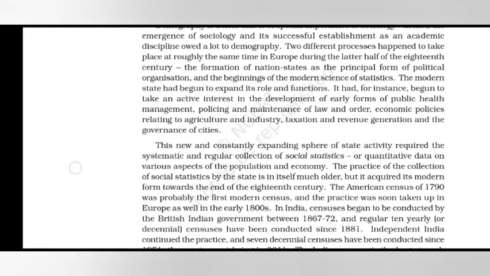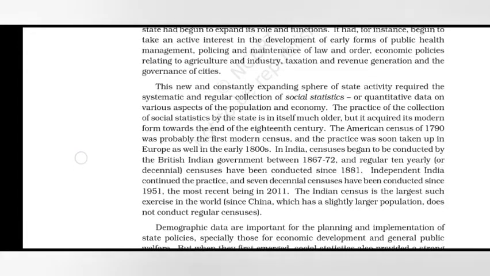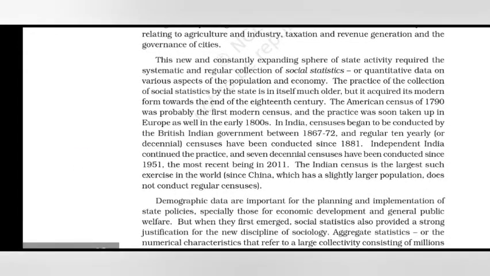It had, for instance, begun to take an active interest in the development of early forms of public health management, policing, and maintenance of law and order, economic policies relating to agriculture and industry, taxation and revenue generation, and the governance of cities. This new and constantly expanding sphere of state activity required the systematic and regular collection of social statistics or quantitative data on various aspects of the population and economy.